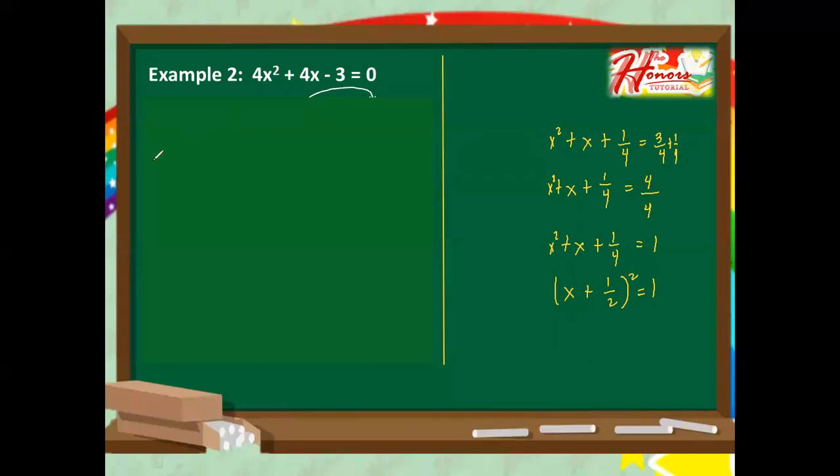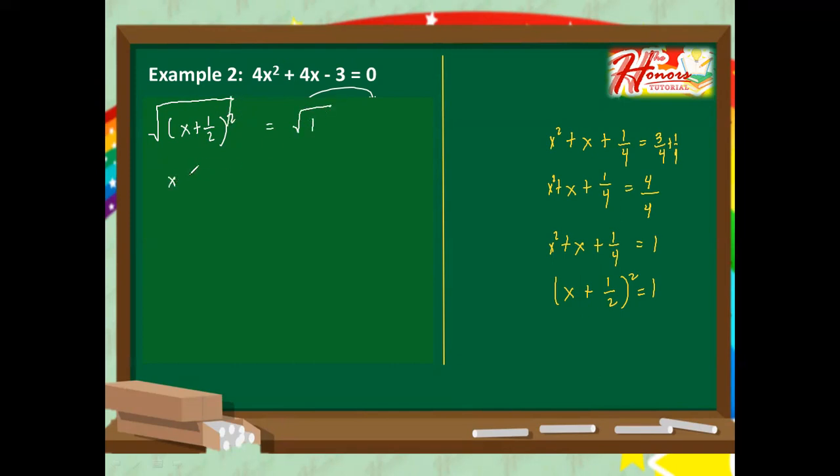Now we are going to take the square root of the left side and the right side of the equation for us to get the roots of it. So it will become the square root of the quantity of x plus 1/2 squared equals the square root of 1. So cancel.